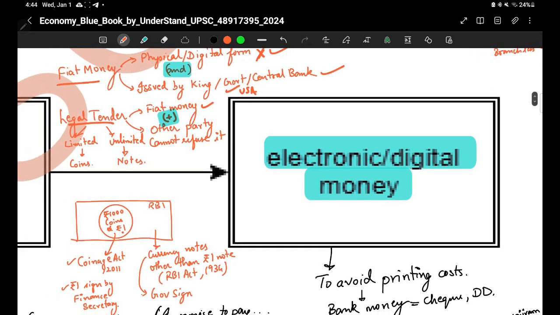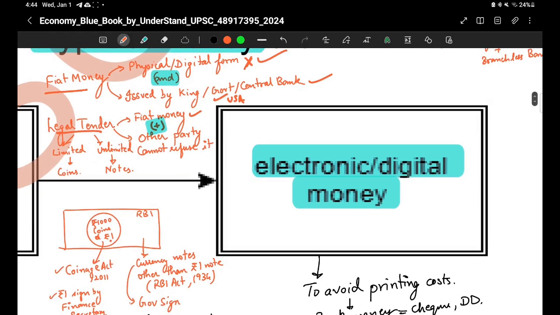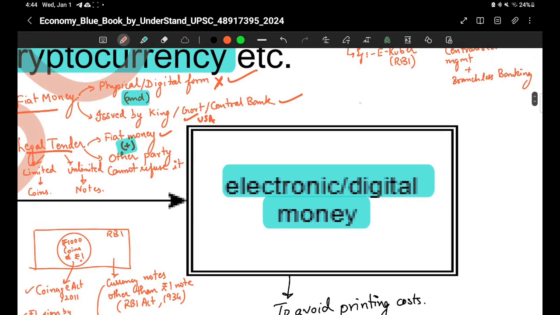And unlimited legal tender is nothing but your normal currency notes, like 200 rupees, 100 rupees. You can give any amount of currency notes. The shopkeeper won't refuse it. However, in real life, according to the Finance Act of 2017, cash transactions of only up to 2 lakh can be done using cash.